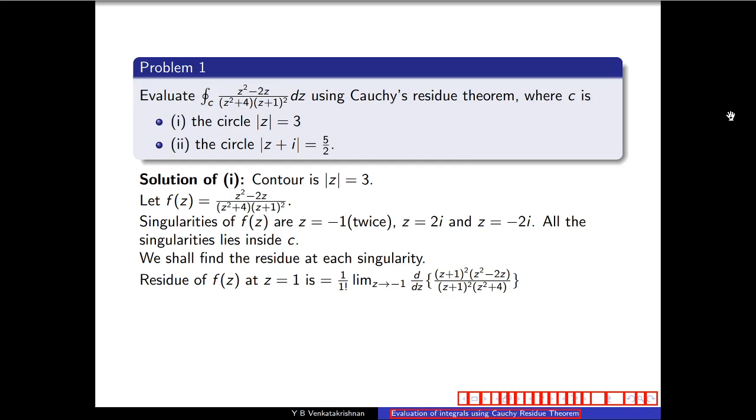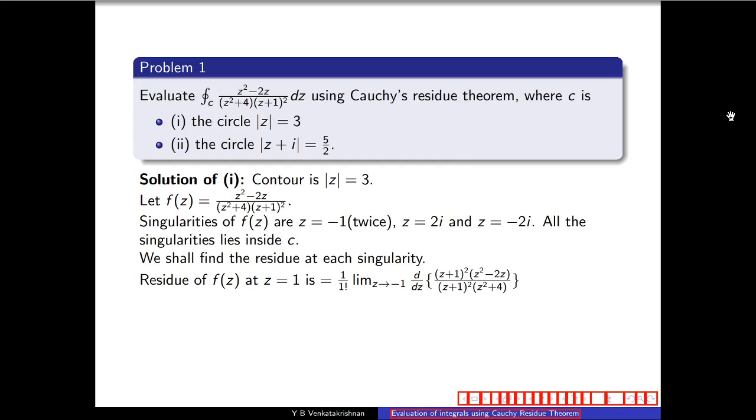But again let me repeat, here z is equal to minus 1 is a singularity which appears twice, and if z is equal to a is a singularity which is of order m, or in other words z is equal to a appears m times, then the formula to calculate the residue is 1 by factorial m minus 1 into limit z tending to a of d power m minus 1 by dz power m minus 1 of (z minus a) whole power m into f of z.